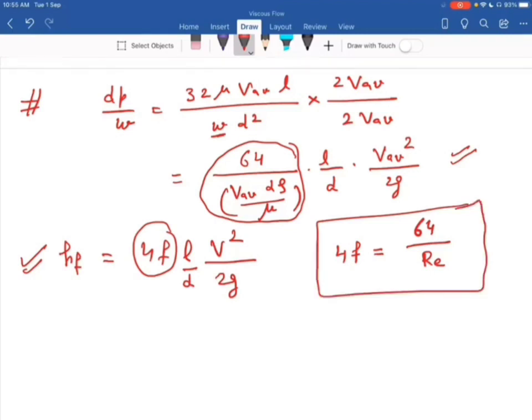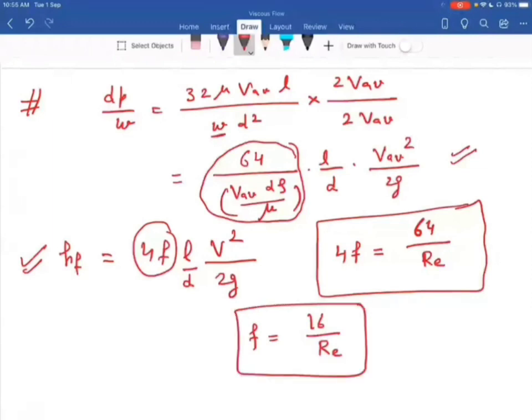The friction factor for laminar flow through a circular pipe is 64 divided by Reynolds number, or the Darcy friction coefficient is 16 divided by Reynolds number. This is the friction factor. So this is all about laminar flow.